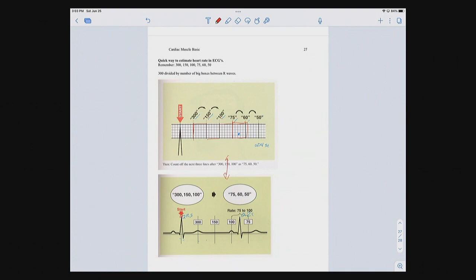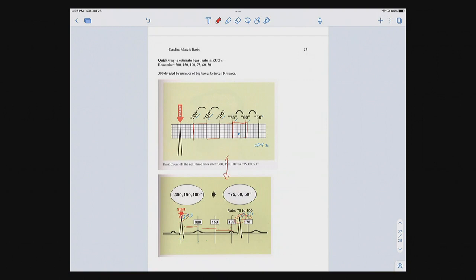So if you were to look here, you've got a QRS here, and I'm counting big boxes: 300, 150, 100, and the next QRS is between 100 and 75, so you know the rate is going to be somewhere in the normal range. So basically 1, 2, 3, and then a half. The heart rate here is probably around 80-ish, and that'd be a pretty good estimate.